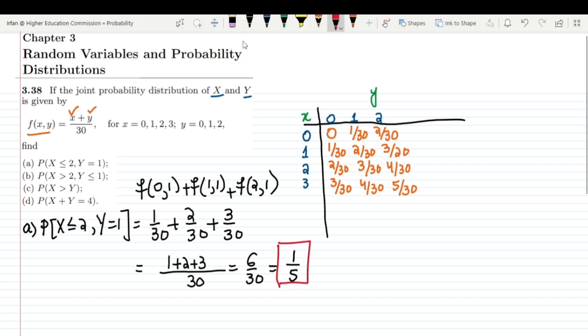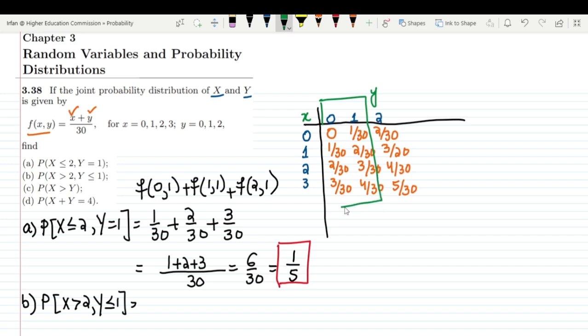Now moving towards part B of our question, which is the probability that x is greater than 2 and y is less than or equal to 1. This is another condition. Let me see where this condition occurs. So y is less than or equal to 1: these are all the values we have here.